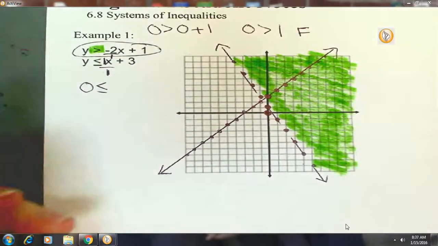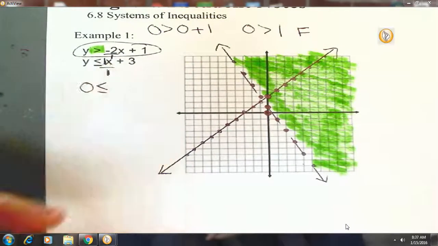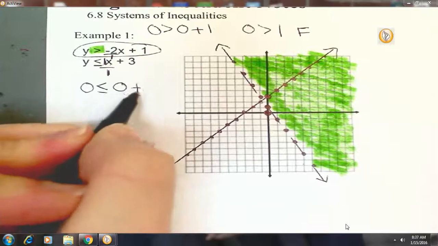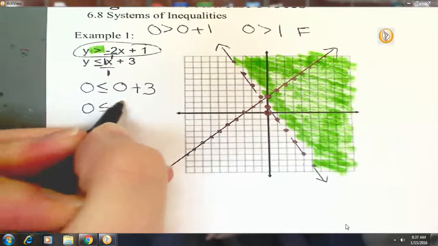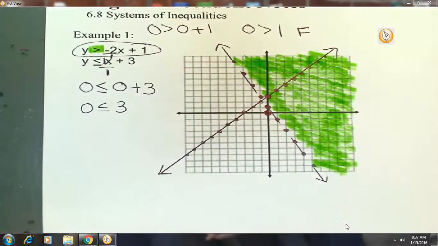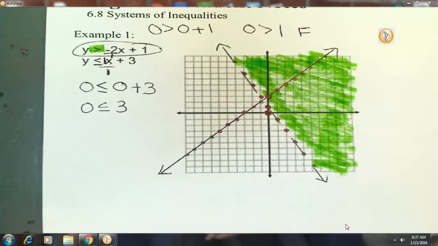Is 0 less than or equal to 1 times 0 plus 3? And 0 plus 3 is 3. Is that true? Is 0 less than or equal to 3? Yes, it is. So let's shade the side with 0, 0. This time it will be the bottom or the right side of the graph.